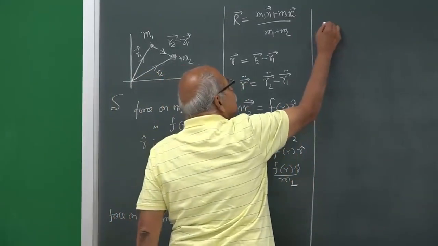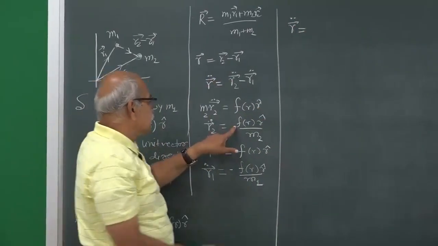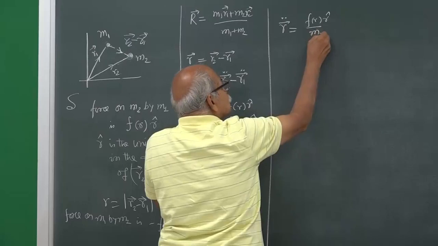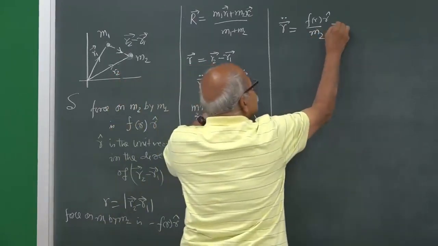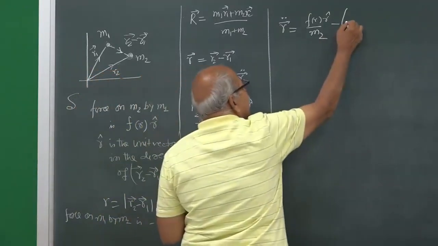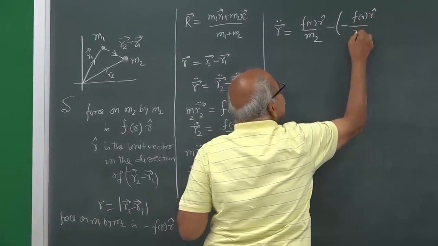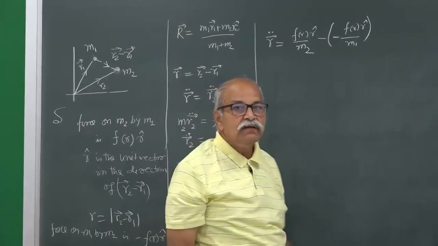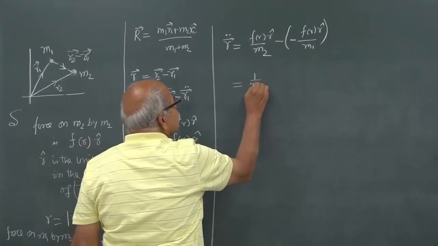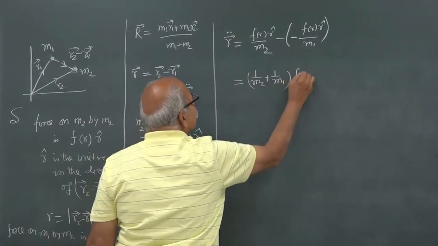You get r vector double dot is equal to r2 double dot, Fr r cap divided by m2, and then minus r1 double dot, so another minus, and Fr r cap divided by m1.